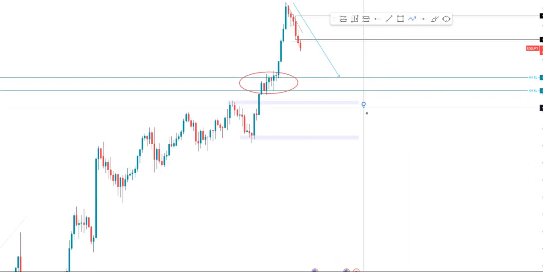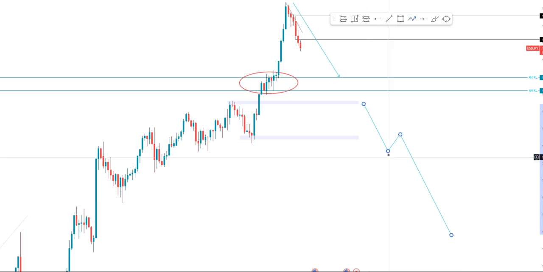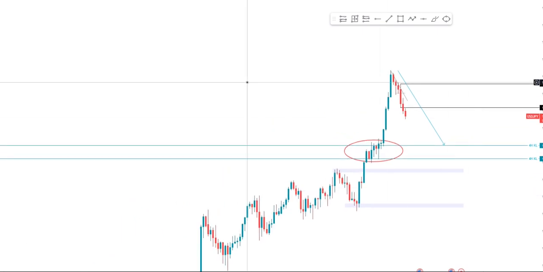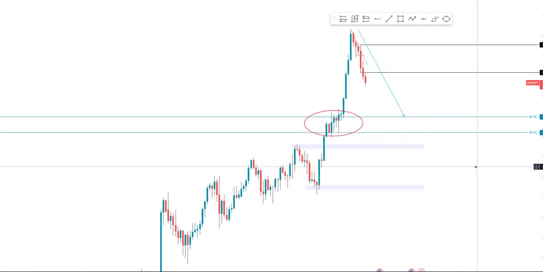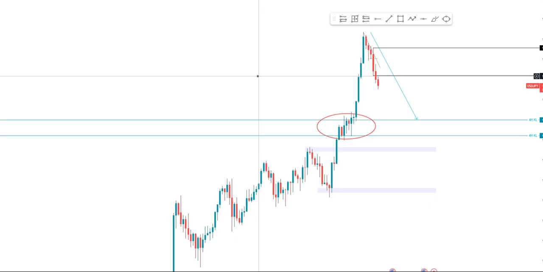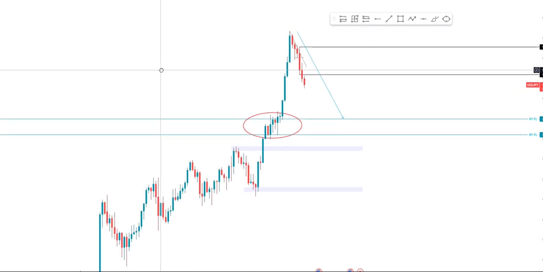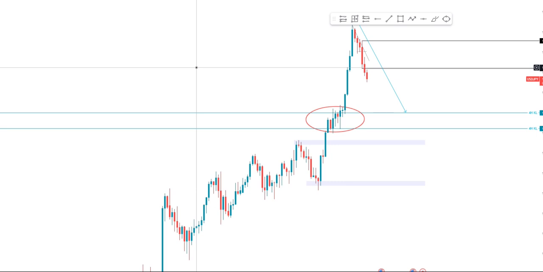If you want to sell, wait for the price to come to this area, break, and make a retest, then go. But the probability for this to happen is lower. Now we are very strong on buying. Let's not change our setup.